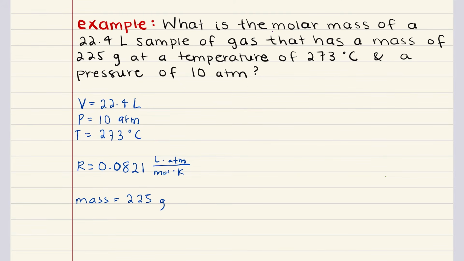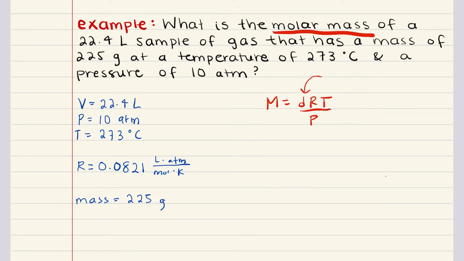Now, you might initially be inclined to use our formulation of the ideal gas law that includes the variables molar mass and density because you figure you're solving for molar mass. So you might want to use this equation. However, please be cautious. This is not the correct equation to use because we don't have any information on density. And we can't figure it out because we actually don't know what this unknown sample of gas is.